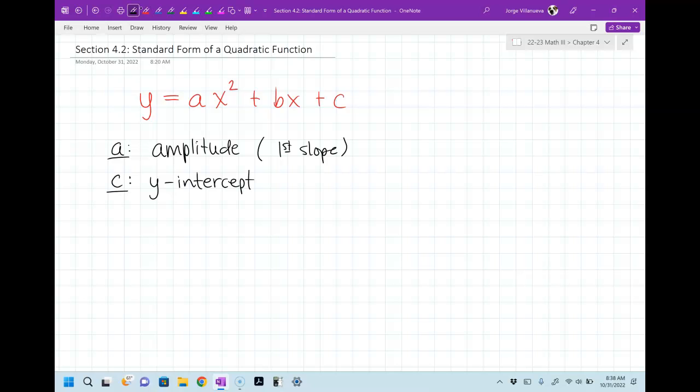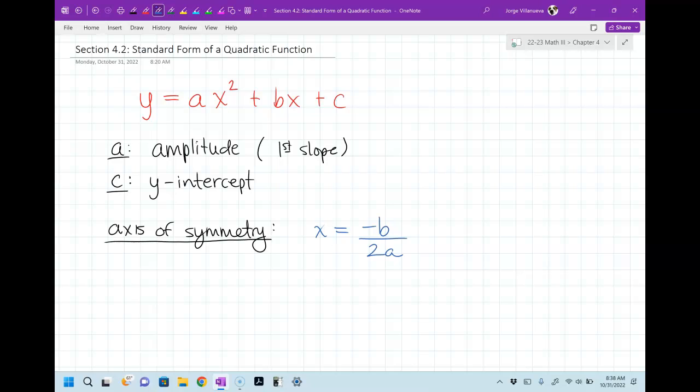In other words, I don't know which way to move it, left, right, up, down, because that information isn't given to me. Okay? But I could find my axis of symmetry. Okay, so I could find the axis of symmetry, which is x equals negative b over 2a.